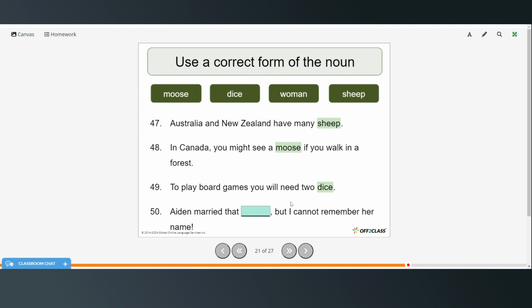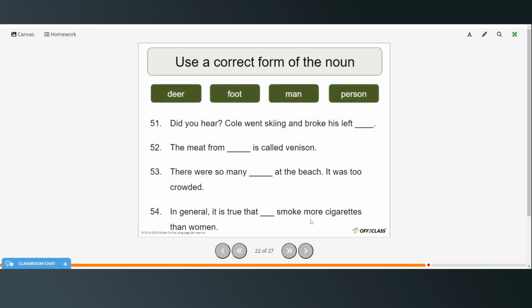And Aiden married that woman, but I cannot remember her name. Did you hear? Cole went skiing and broke his left foot. The meat from deer is called venison.